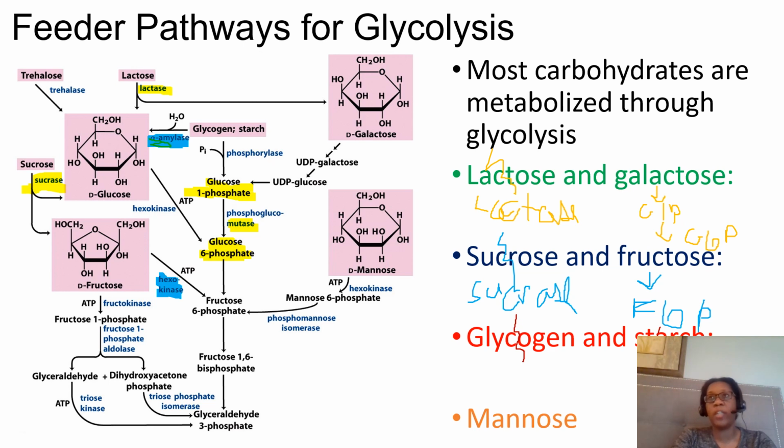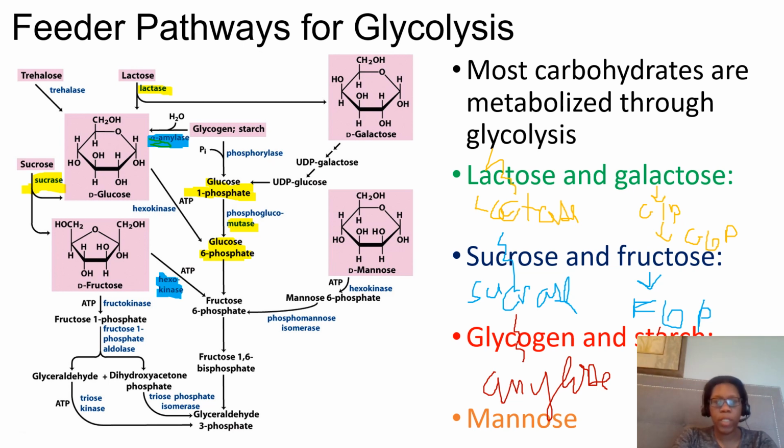We know starch is made of amylose or amylopectin. So in our mouths we have amylase, which breaks down amylose or glycogen too. And in our stomach we have another amylase. So amylose is just broken down by amylase and produces glucose, and glucose, of course, can go into the glycolytic pathway.